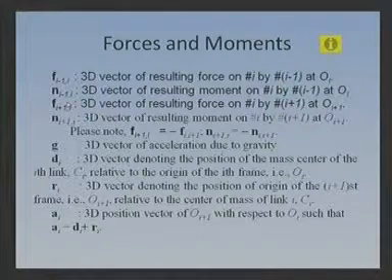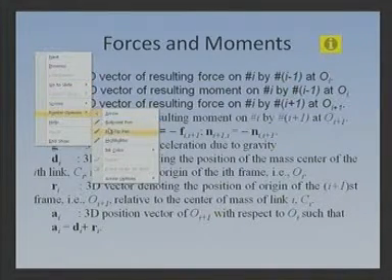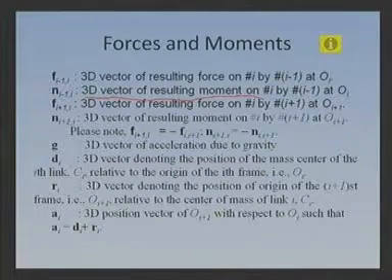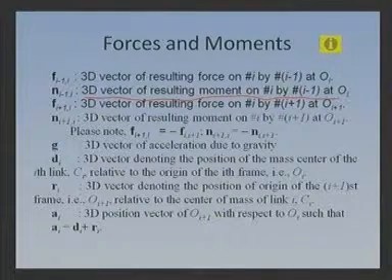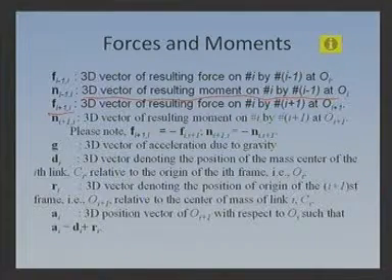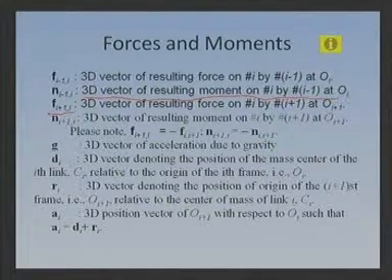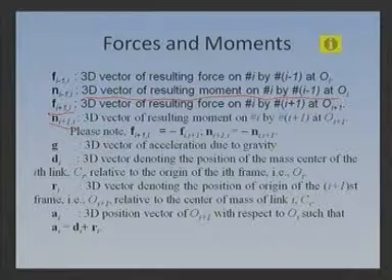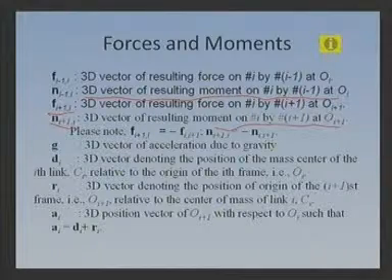Then n I minus 1 comma I is the 3-dimensional vector, that means it has components x, y, z, of resulting moment on I by I minus 1 at OI. Similarly, for the I plus first body, f I plus 1 comma I is the 3D vector of resulting force on I by I plus 1 at OI plus 1, and n I plus 1 comma I is the 3D vector of resulting moment on I by I plus 1 at OI plus 1.